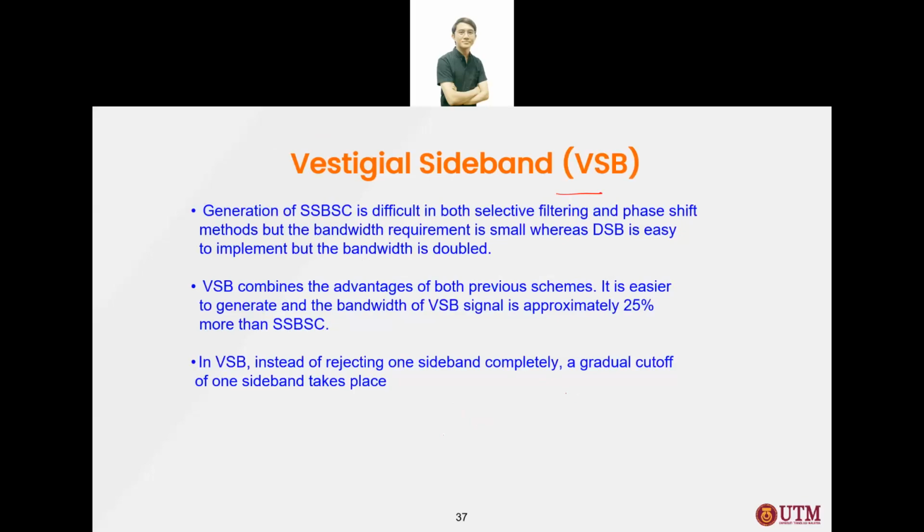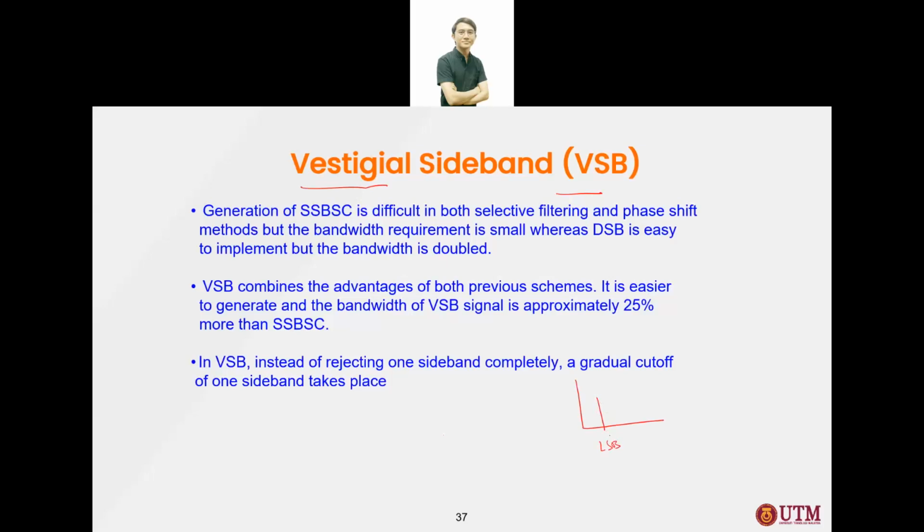So what happens for the vestigial sideband is that we take single sideband suppressed carrier. Let's say we transmit the lower sideband, but for vestigial sideband, we still send that sideband with some portion of the other band.